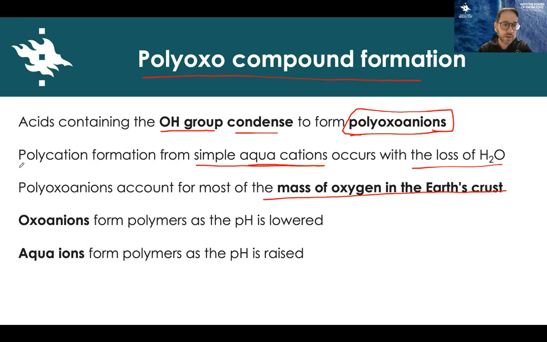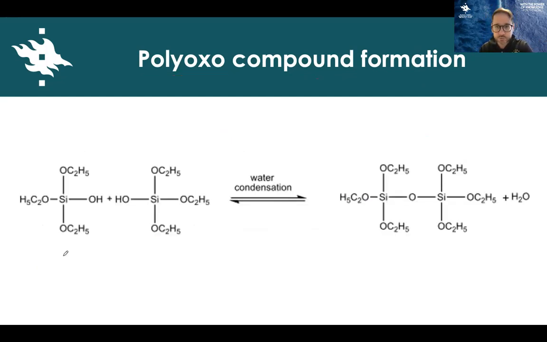These oxo anions can form polymers when the pH is lowered, because this drives the condensation reaction. On the other hand, for the aqua ions, these polymeric species are formed when the pH is raised, because in this case we are talking about polycations.